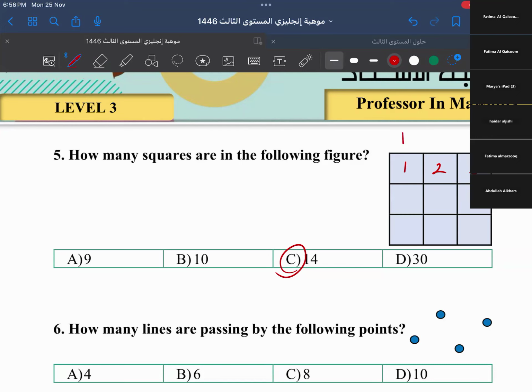So 1, and the square of 2 is 4, and the square of 3 is 9. And we're gonna have 14. Okay. So you can link it that I'm going to count the squares, I need to take the square of the numbers.